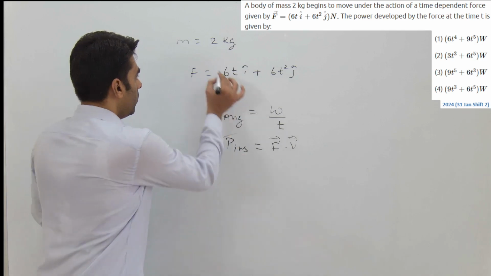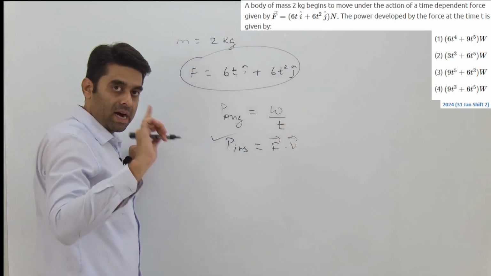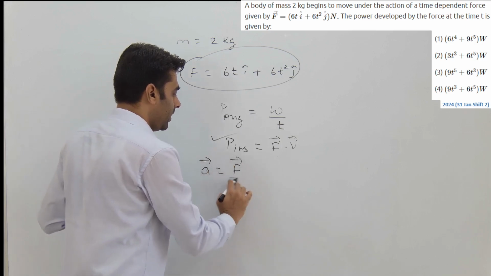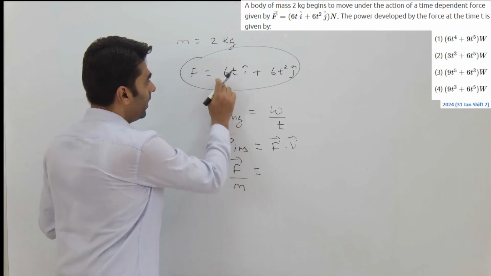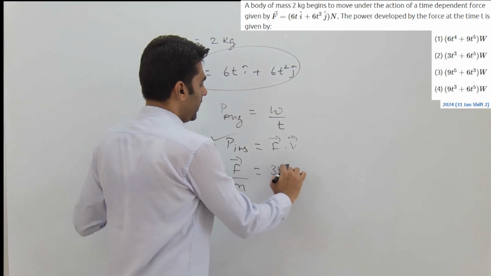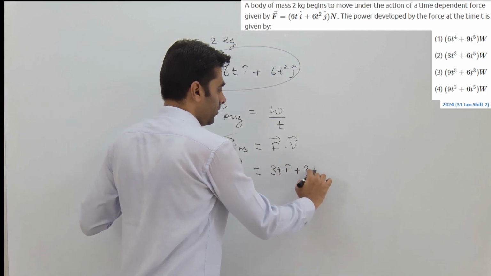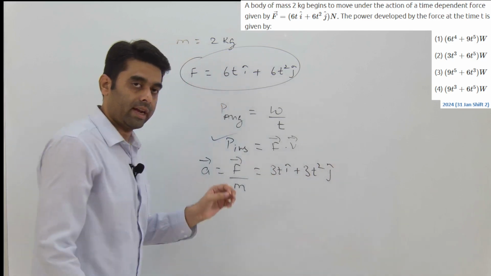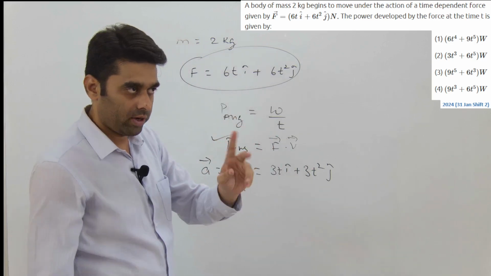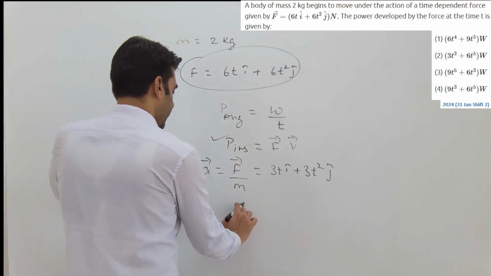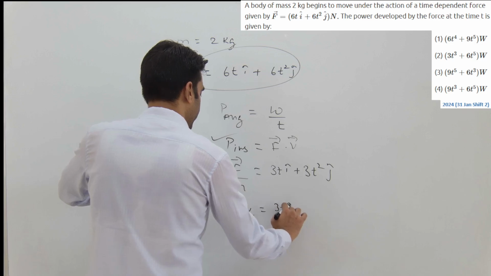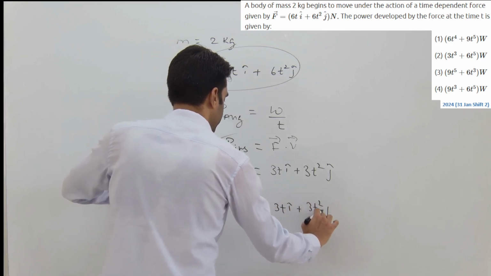Velocity we want, force is given to us, mass is given to us. Let us write down acceleration. Acceleration will be F by m. If we do F by m over here, it will come out to be 3t i cap plus 3t square j cap. This is our acceleration as a function of time t. Once we have got acceleration, we can find velocity. How? This acceleration I can write as dv by dt equals 3t i cap plus 3t square j cap.